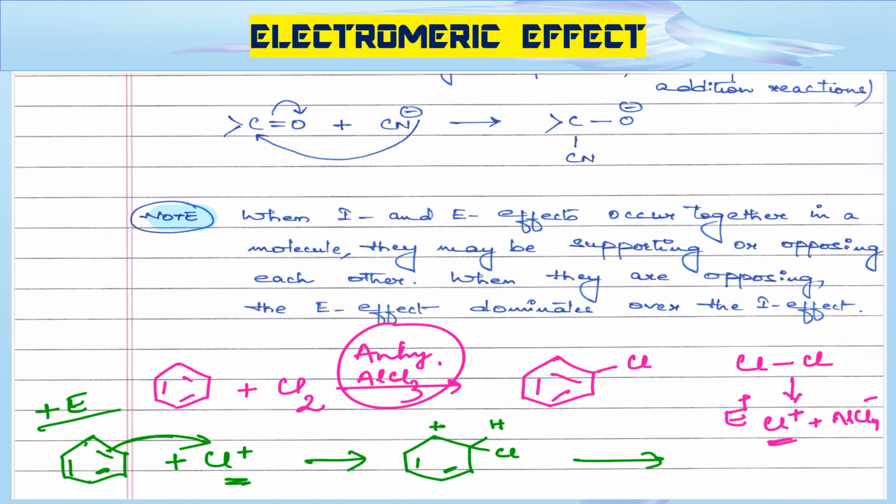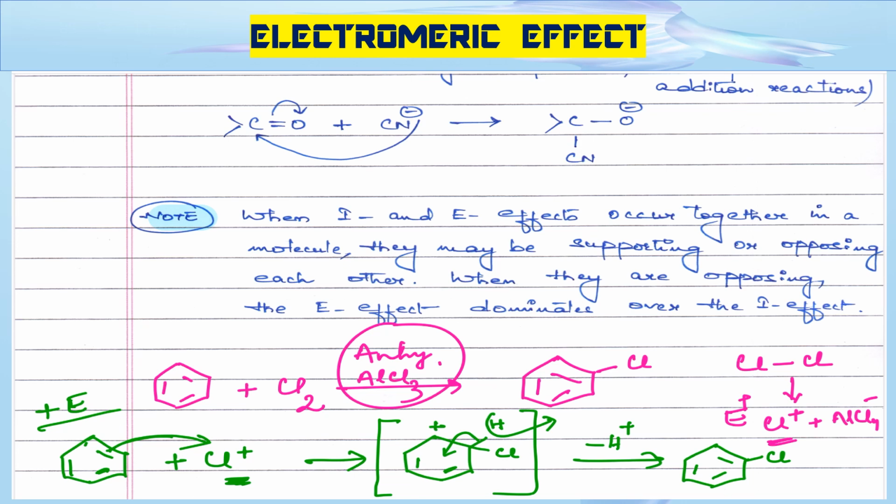In the next step, this intermediate is unstable, so it will break down and this hydrogen will be eliminated. So what you get here is this. The pi bonds come back, the H+ ion is eliminated, and in place of that a Cl is attached to the benzene ring.